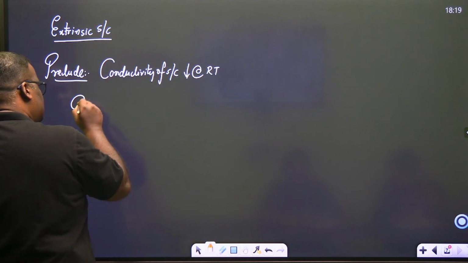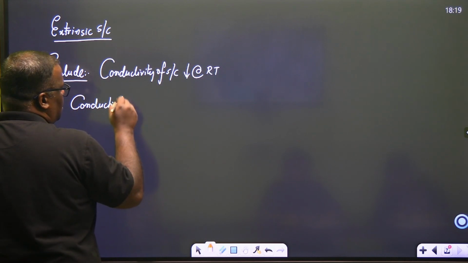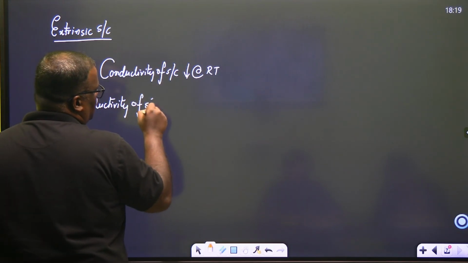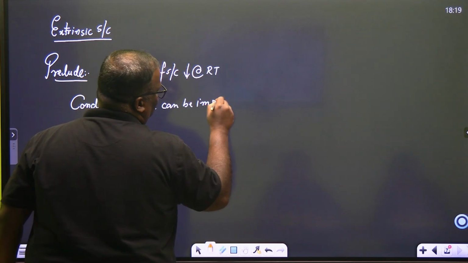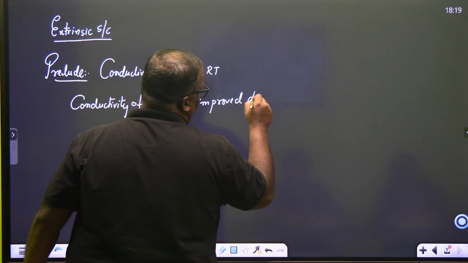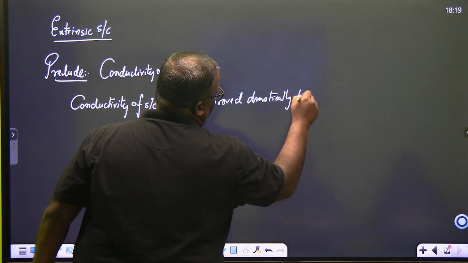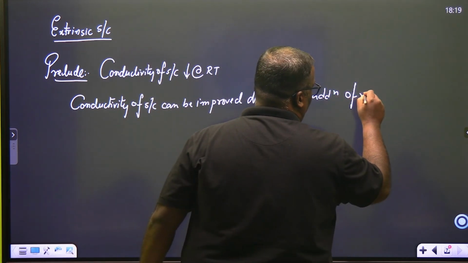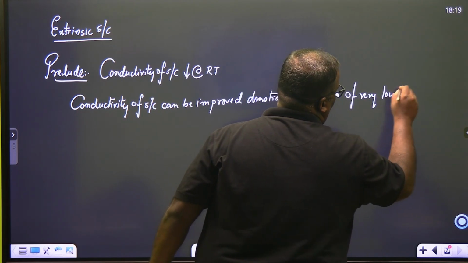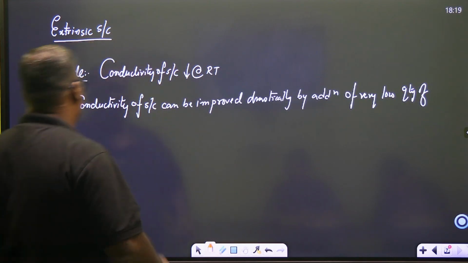Conductivity of semiconductors can be improved drastically by addition of very low quantity of impurity.